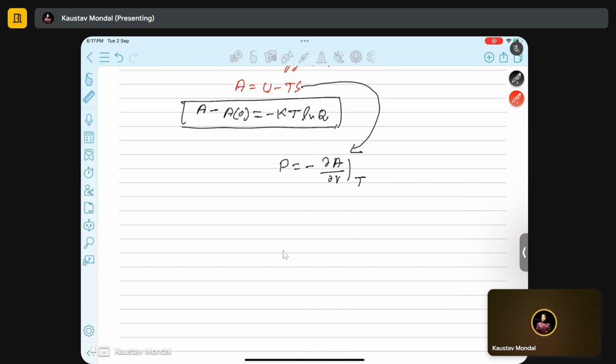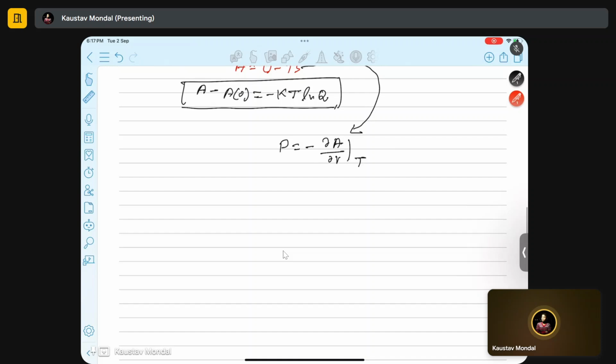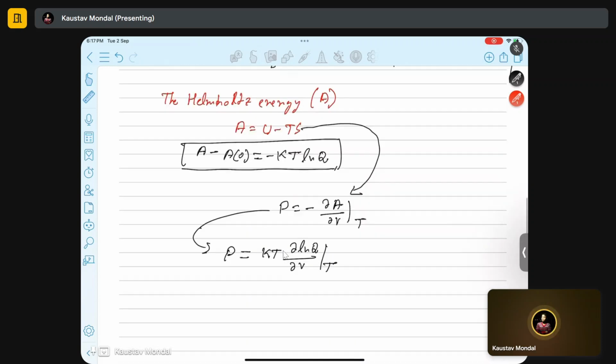As we already know the expression of the Helmholtz energy in terms of Q, the canonical partition function, you can easily derive the expression of P, and that is simply P equal to kT delta of ln Q by delta V at constant temperature. Okay, so these are some of the things.